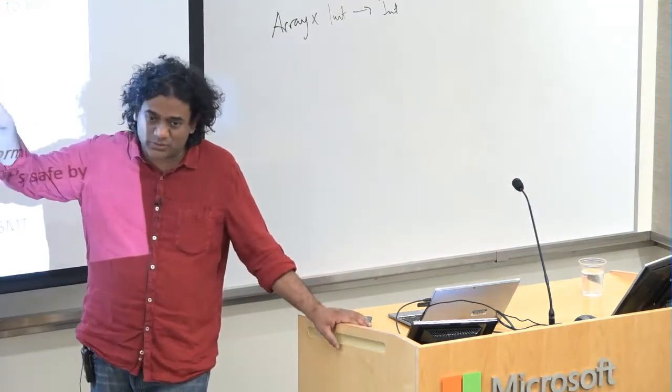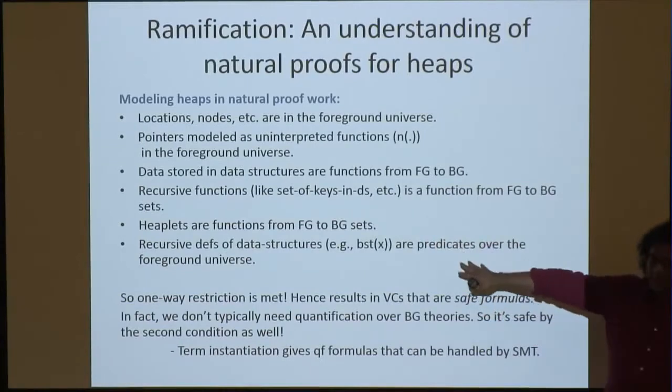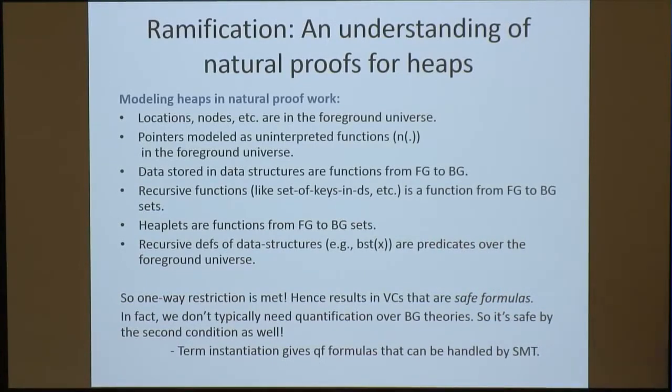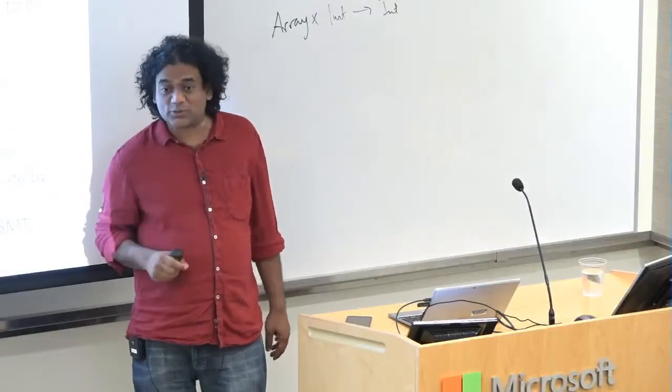So in the natural proof work, we don't do that. We don't have arrays. We deal with purely recursive data types, and that's the context in which I'm saying that this is true. Arrays we do consider in the paper, but only for the decidable fragments. We also get decidability results on the way. So there might be things which we cannot model yet.